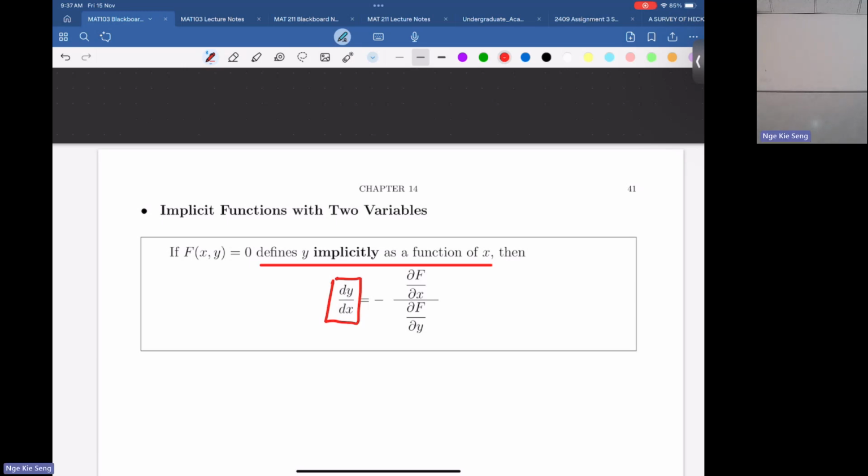So what do you see here? You see that the calculus of one variable is related to the calculus of two variables. You use partial derivatives to compute a derivative.